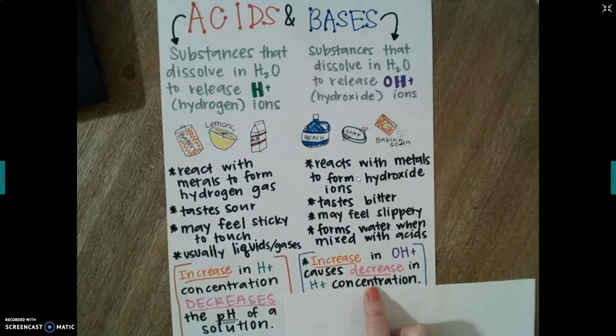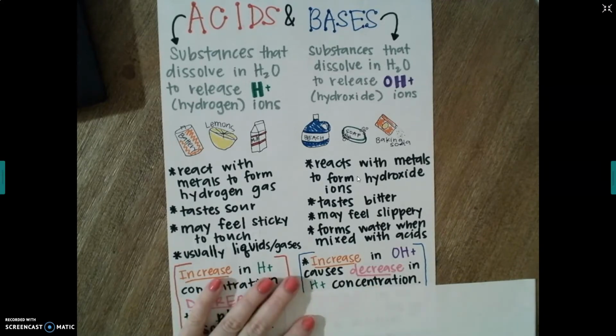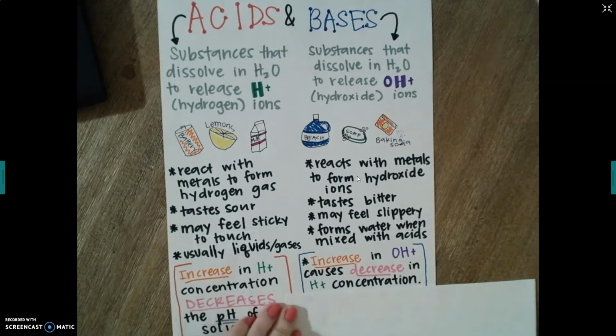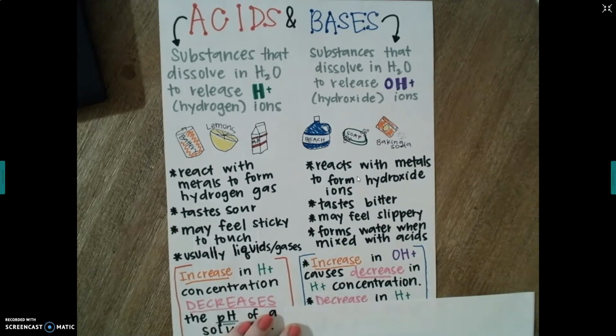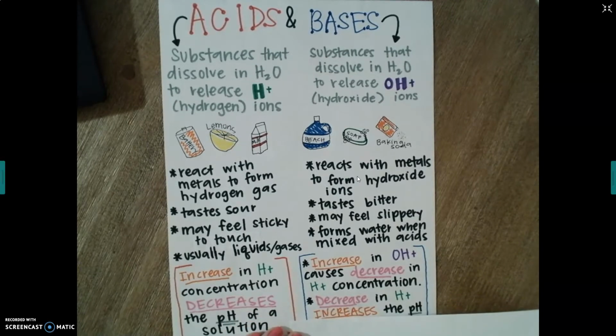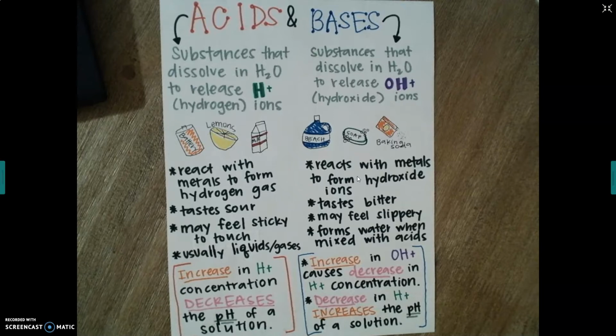That decrease in the hydrogen concentration is going to have an impact on the pH level of the solution as a whole. So as I decrease the hydrogen concentration in my solution, I'm actually increasing the pH of the solution. So as I decrease the hydrogen in my solution, the pH increases.